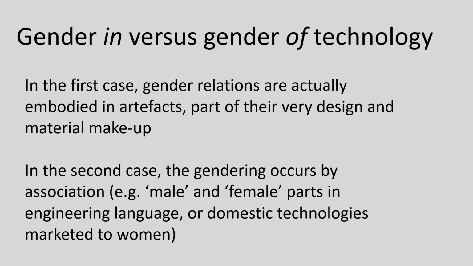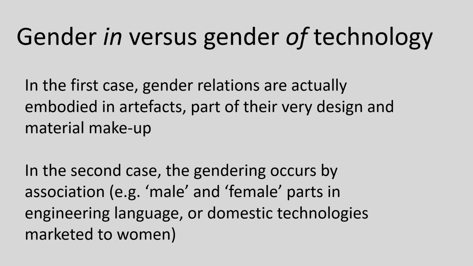So we talk about parts in engineering as having male and female parts. That's not intrinsic to the technology. That's part of the language with which people talk about it, giving it a sort of gendered language by association. Or domestic technologies marketed to women, seen as typically associated with women, or other technologies marketed to men.